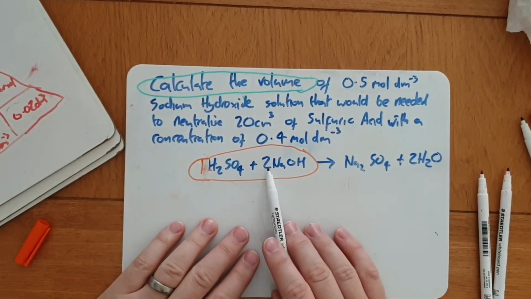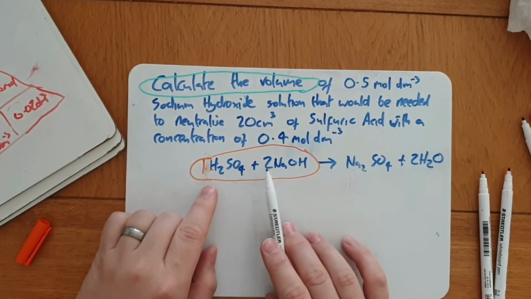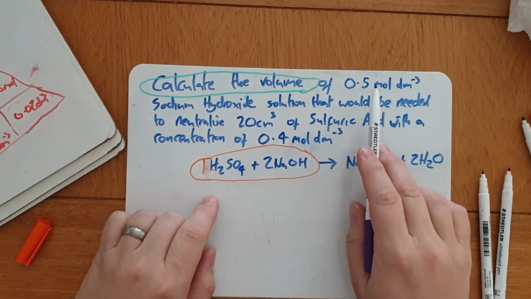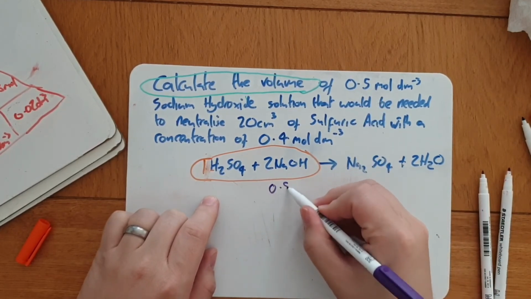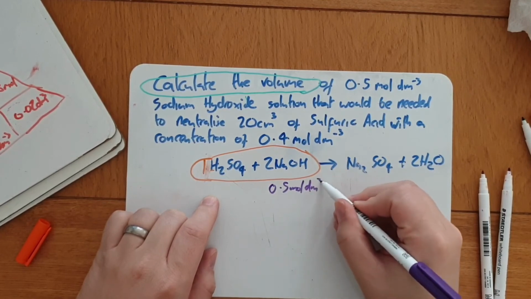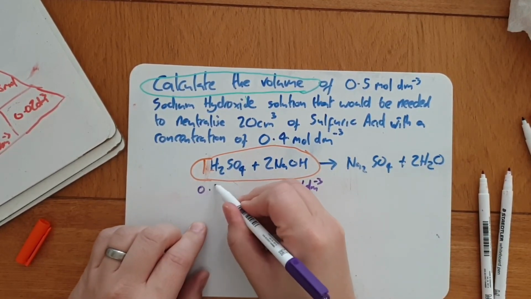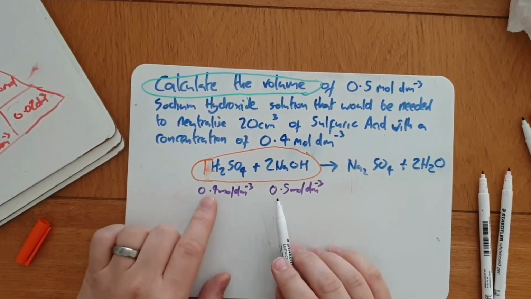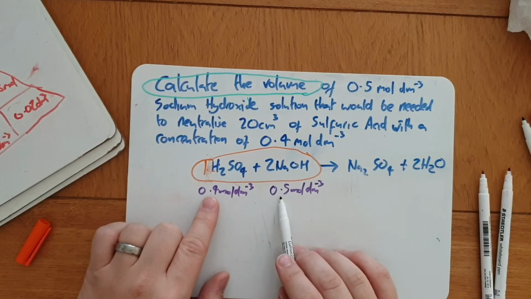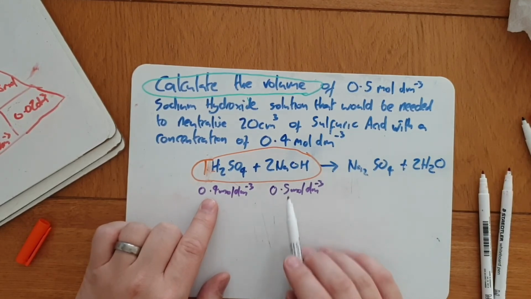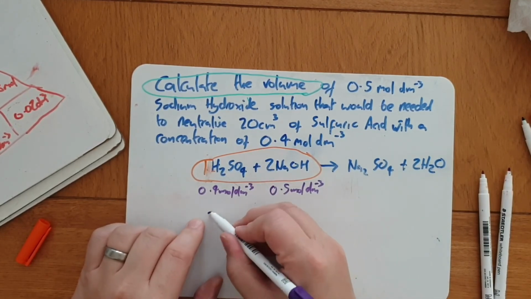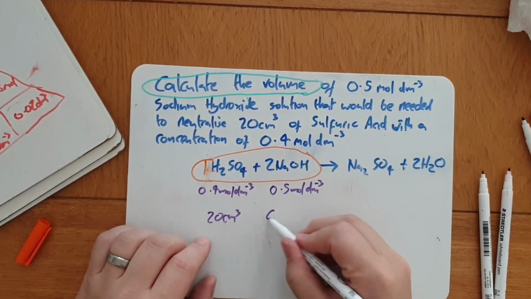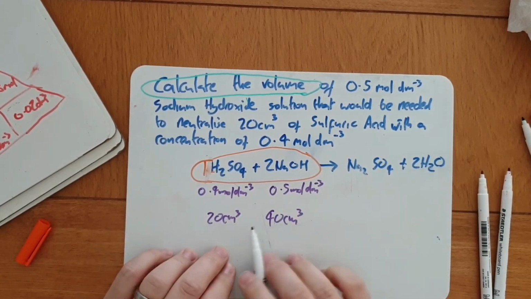Let's just go back to our question and just check. So we know the ratio is 2 to 1. So we know we're going to need twice as many moles of this as that. But we know that the sodium hydroxide was 0.5 moles per decimeter cubed, and this one was 0.4 moles per decimeter cubed. So if they were both the same strength, you'd expect it to be 40 centimeters cubed, roughly.